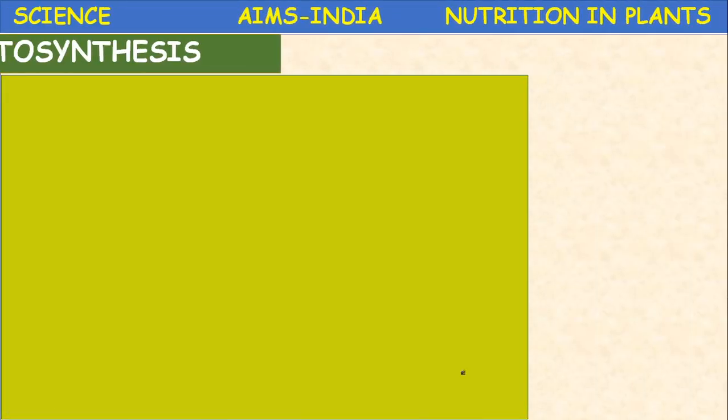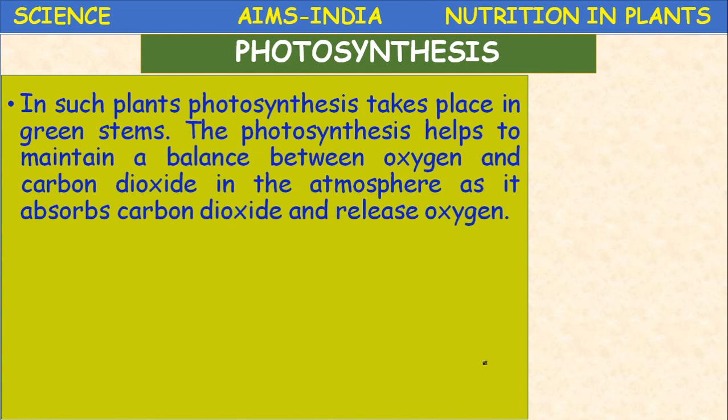Next, further discussion of photosynthesis. In desert plants, the photosynthesis takes place by green stems. Photosynthesis helps to maintain the balance between oxygen and carbon dioxide.